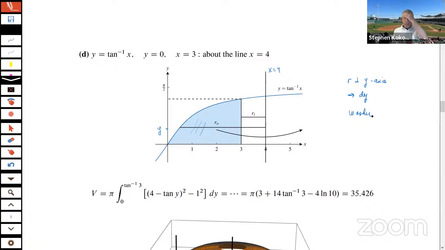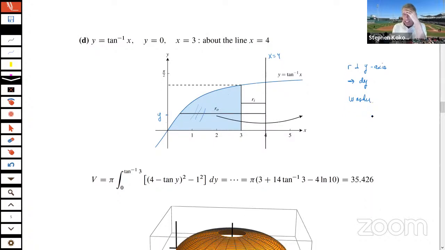I'm a little worried about this because I've got y equal to the tangent inverse of x. What the heck do I do here? Here's the outer radius. There it is. So how do I find that distance? At an arbitrary point y, I've got to find this distance. So I have to solve this expression for x.